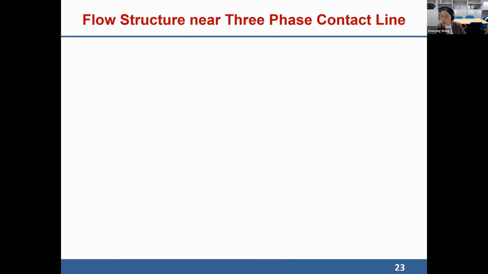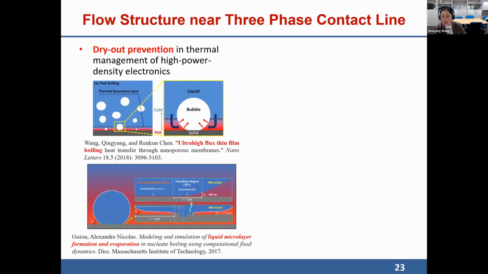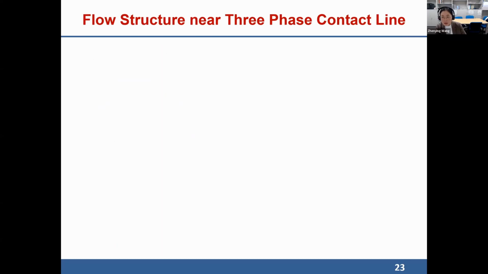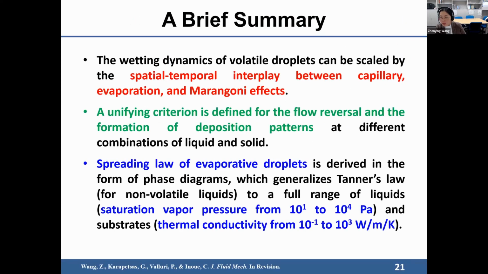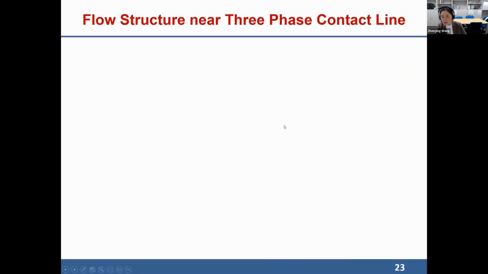So as I mentioned, for a single droplet, we can see with our numerical result that the wetting dynamics is dominated by the capillary effect, evaporation effect, and the Marangoni effect. So this is highly related with the flow structure near the three-phase contact line.